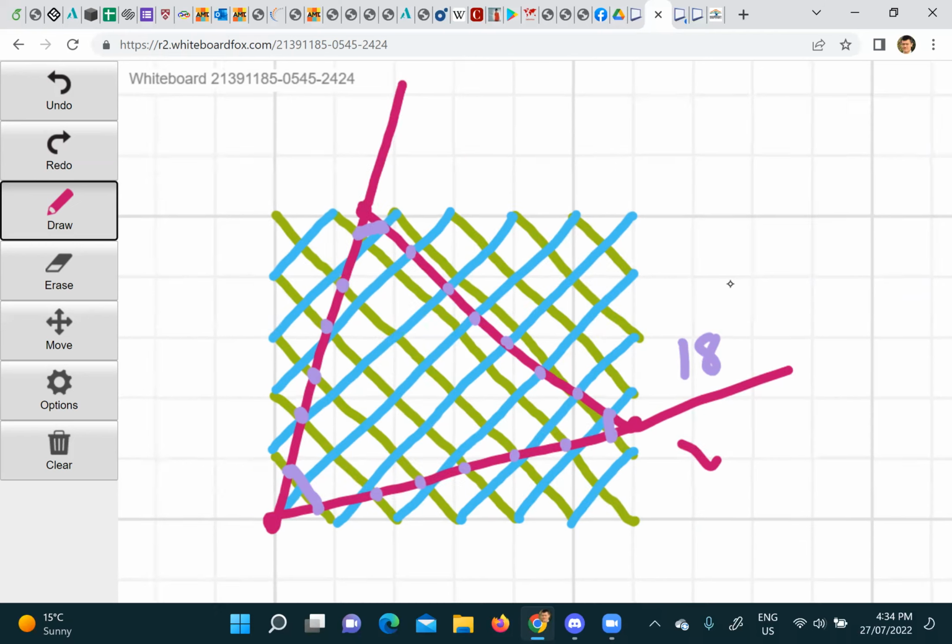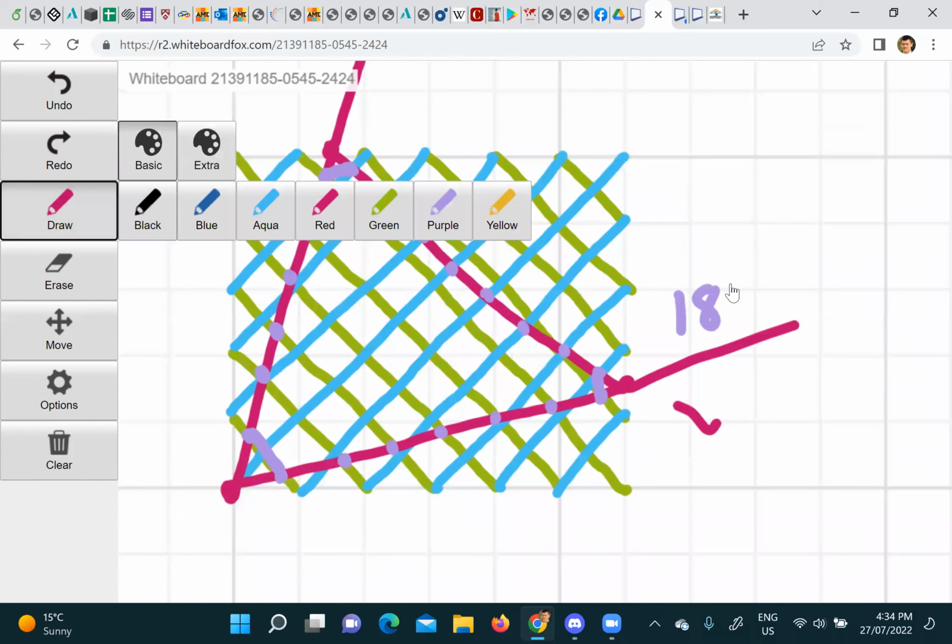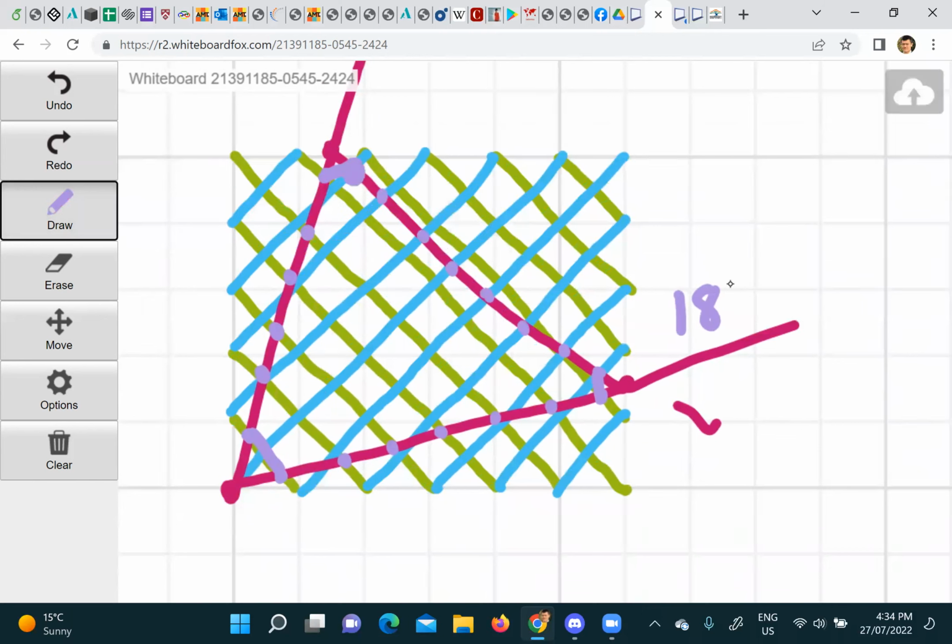See, there's 1, 2, 3, 4, 5, 6, 7, 8 blue lines, right? But the first and this last one don't count because they already got hit by the red line. So there's only 6. Yeah, there's only 6 squares that it hits, okay?